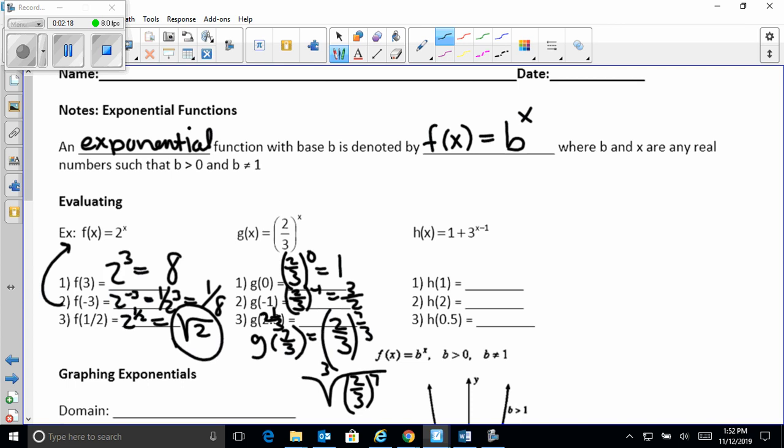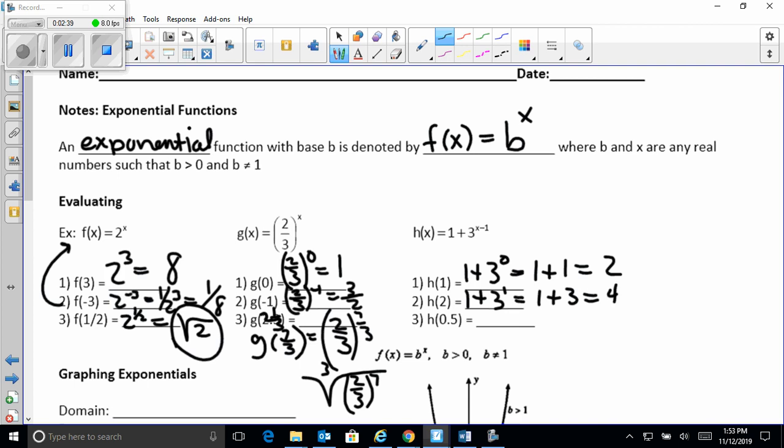For the h ones, h of 0 is 1 plus 3 to the 0, which would be 1 plus 1. h of 2 is 1 plus 3 to the first, which is 1 plus 3, which is 4.